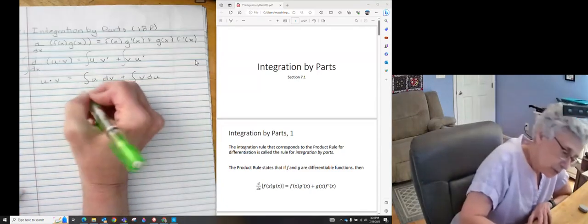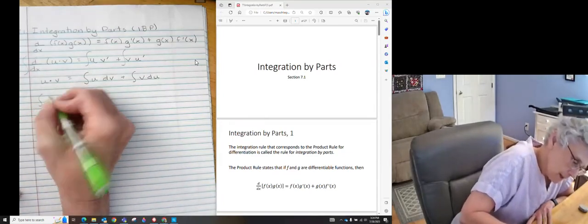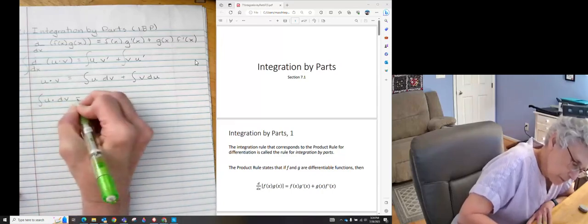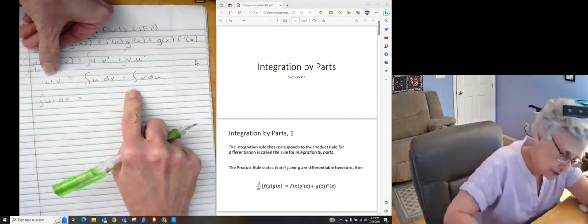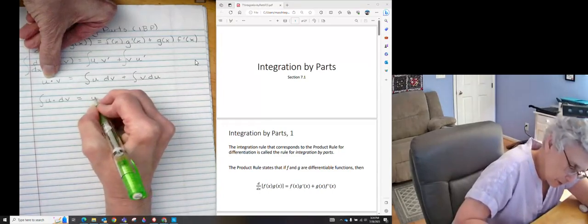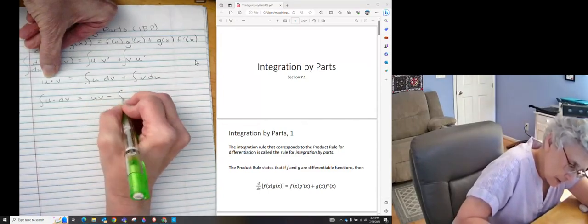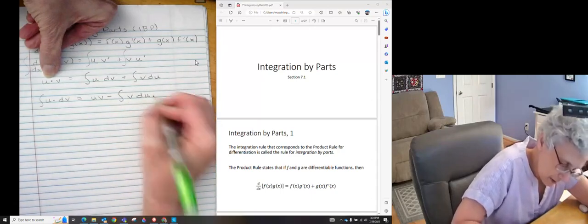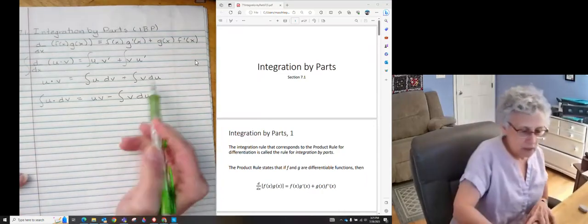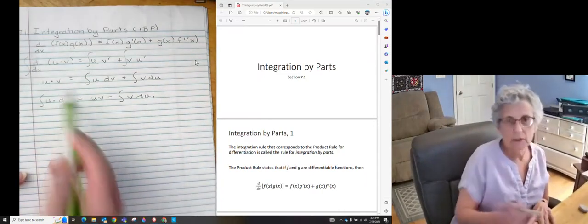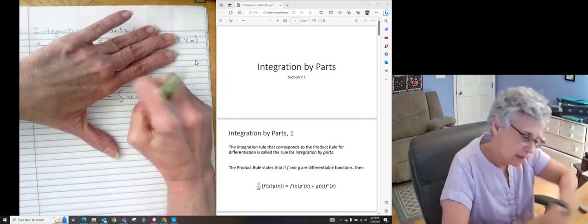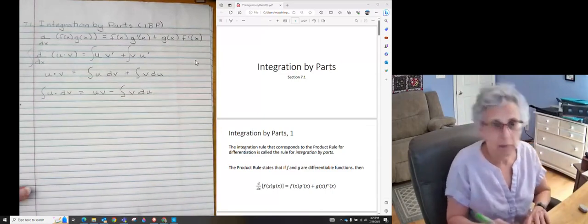And then we rewrite this: the integral of u dv is equal to u times v minus the integral of v du. So I just subtracted the integral of v du from each side. And this is the rule for integration by parts.